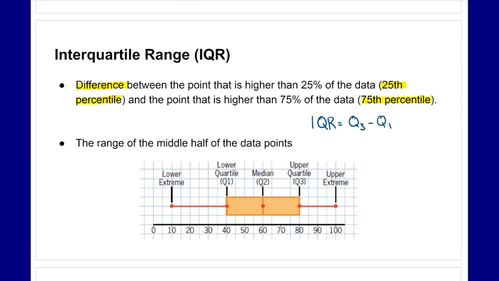So it's looking at the range of data within this section here. So basically you're finding the range of the middle half of the data points. Right? So this here, that's your IQR. From here to here, that range is your IQR. And this box is 50% of your data.